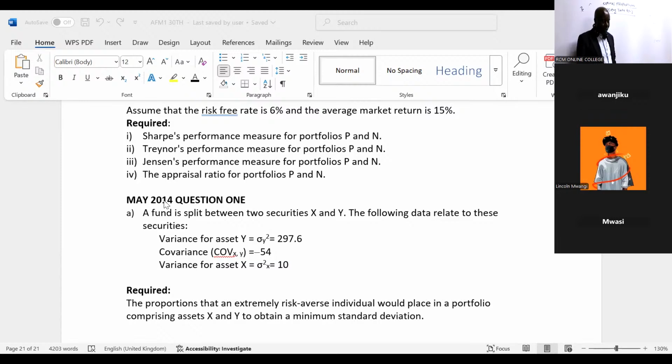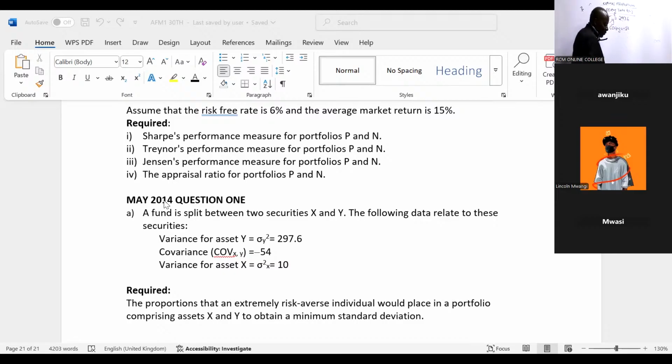We have the variance for asset Y, which has been given: 297.6. Then we have the covariance between X and Y, which is minus 54.